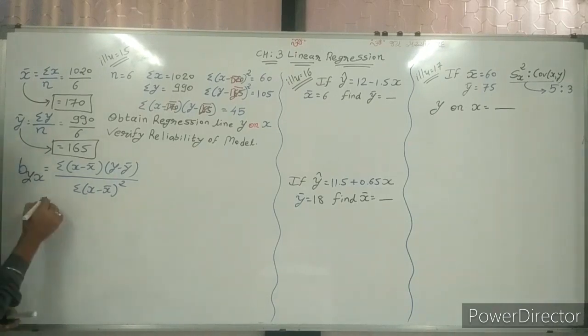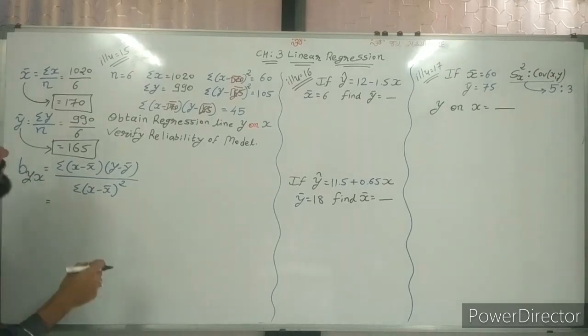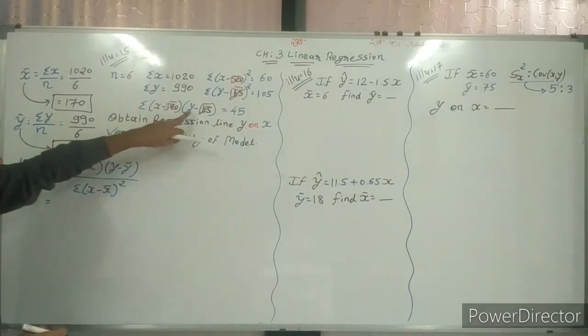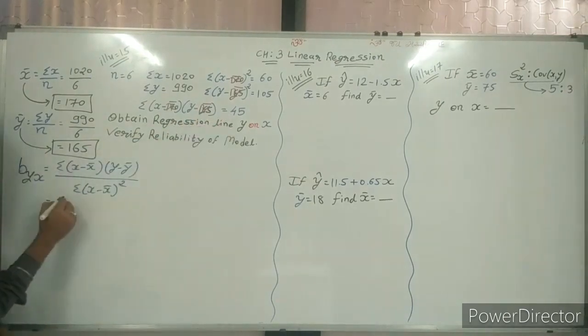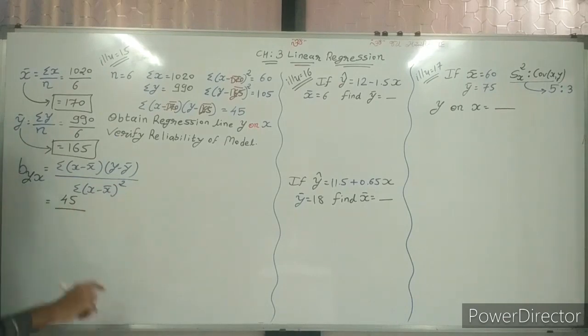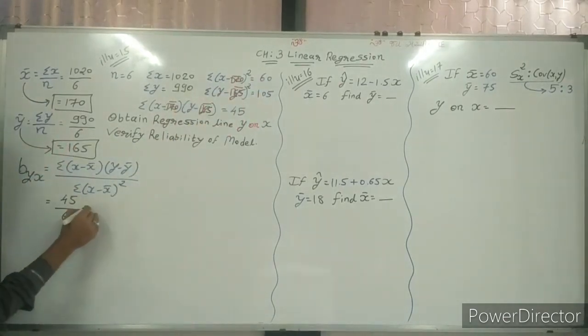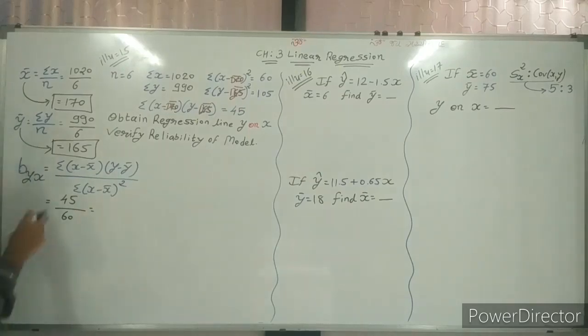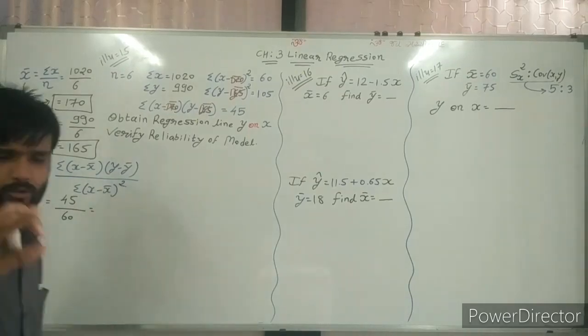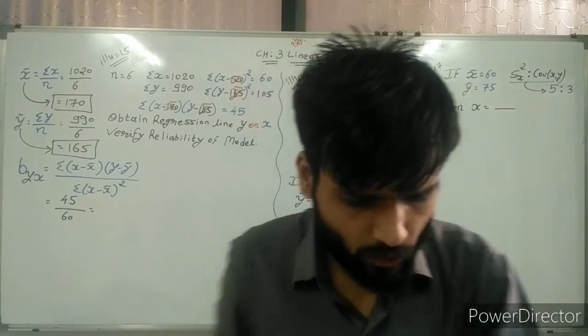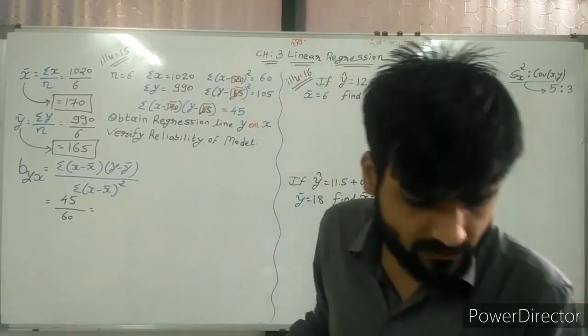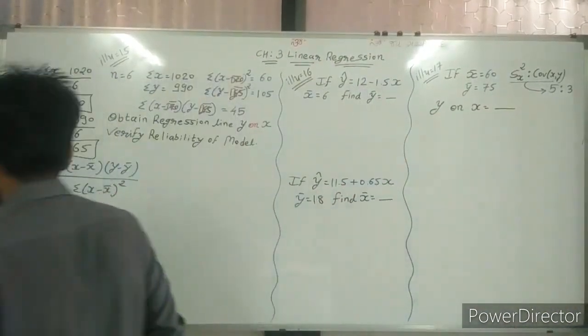Now put the values of sigma x minus x bar y minus y bar, and sigma x minus x bar square. Here sigma x minus x bar y minus y bar is 45, so write down 45. Sigma x minus x bar square is 60, so write down 60. If you divide it in the calculator, you get 45 upon 60, and your answer will be 0.75.